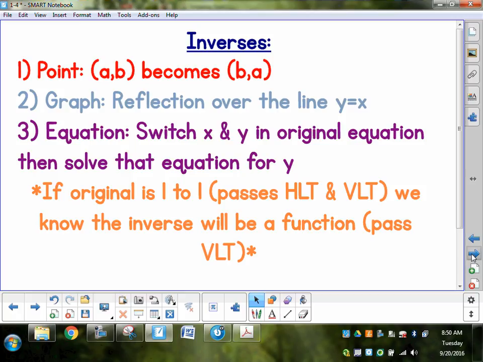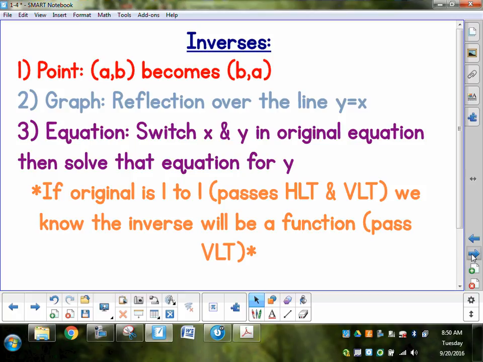This right here, this is what we need to make sure, maybe someplace on here, we need to get these 3 things down. Everything you need to know about inverses. There's 3 different ways to go about taking an inverse. An inverse of a relation or a collection of points is going to cause the point AB to become the point BA.